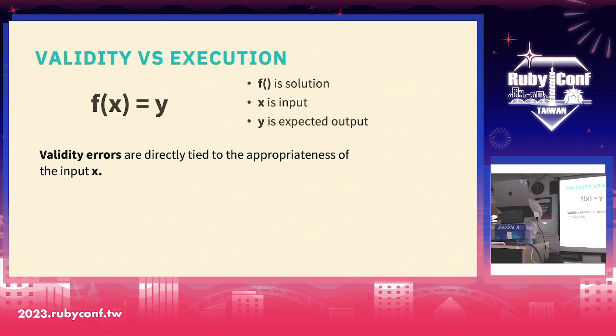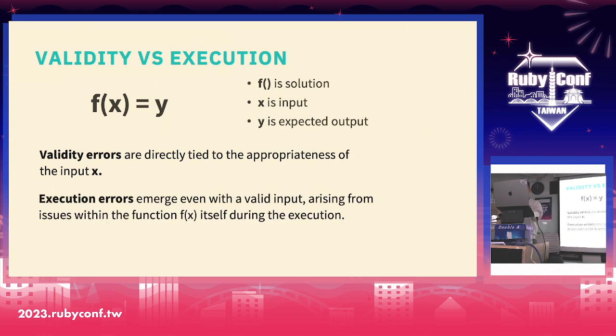An execution error is when something is unexpected, or makes our application crash or perform undefined behavior. In error handling, distinguishing between validity and execution errors is crucial. Our error handling is simplified, we understand it better, and we address and minimize the disruption in our software development.